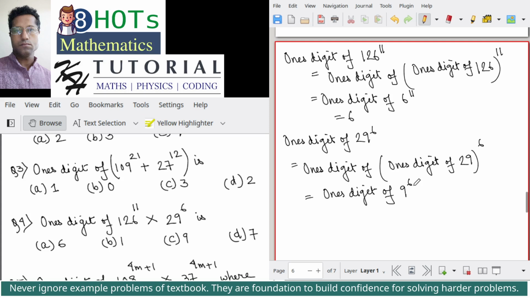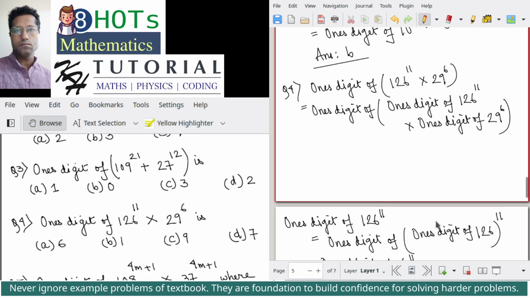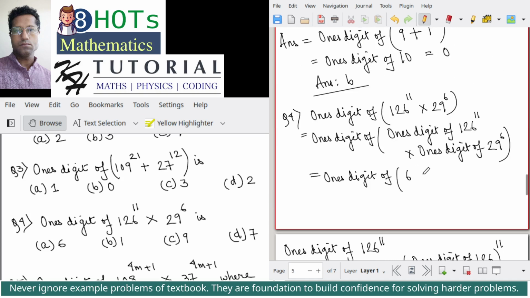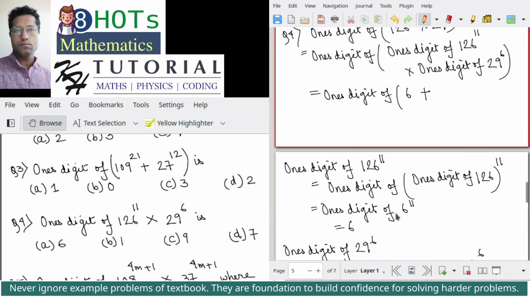The power 6 is even, so the ones digit of 9 to the power 6 is 1. So the ones digit of 126 to the power 11 is 6, and the ones digit of 29 to the power 6 is 1.